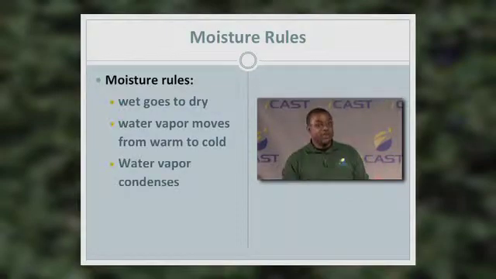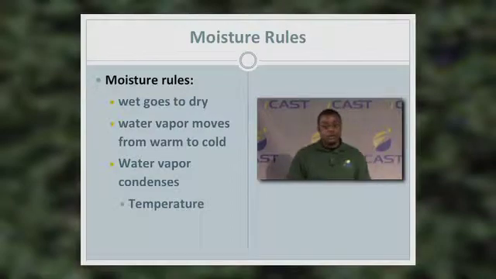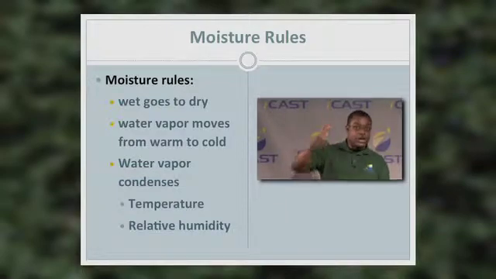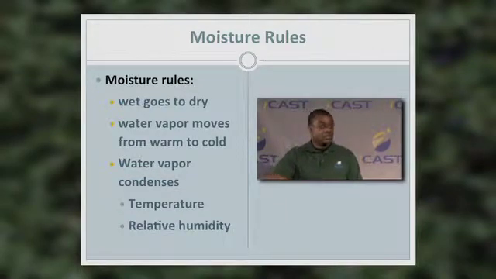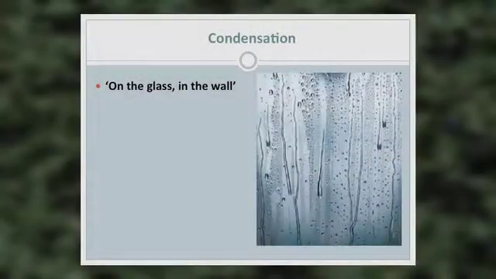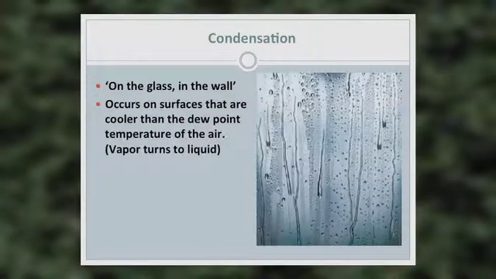As the temperature goes down, we start to squeeze the moisture, and then eventually we squeeze the moisture out of the air. Water vapor condenses into liquid form, and that's based on temperature, and we talked about the rules of relative humidity. As temperature goes up, relative humidity goes down, and as temperature goes down, relative humidity goes up. Near things like glass, walls, and cold surfaces, the air temperature is cooler, so it tends to create condensation.